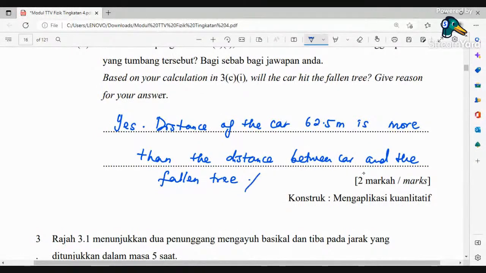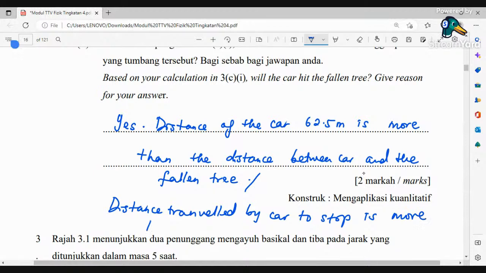Okay, ataupun you boleh tulis sebagai distance travel by car to stop is more than 50 meter.